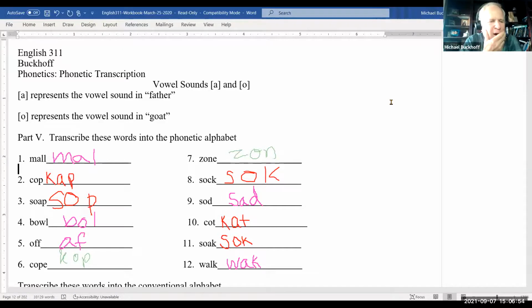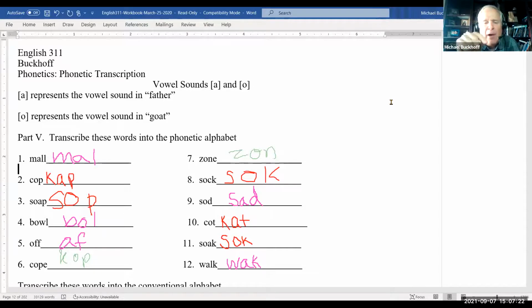Okay, here we go. Let's see. Mall, cop, soap, bowl, off, cope, zone. Now, I don't know with 8. Is that an O or is that a typewriter A there? If it's an O, it's soak, right?